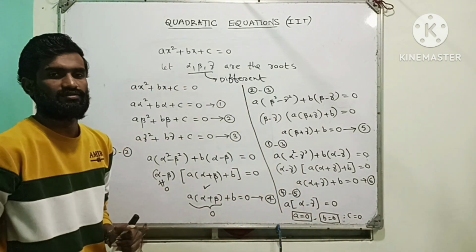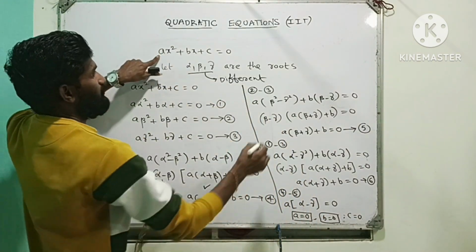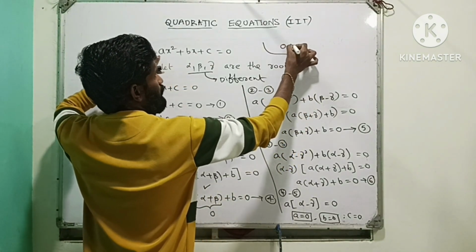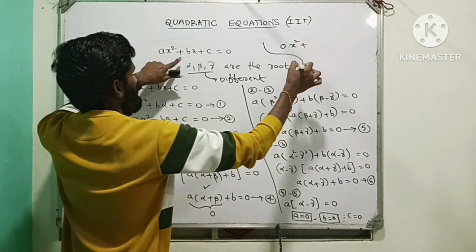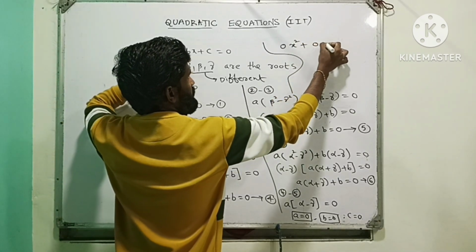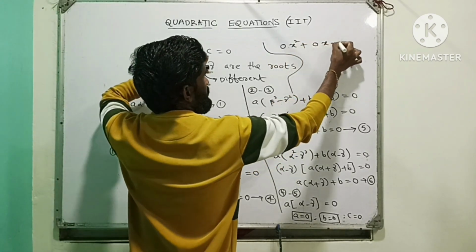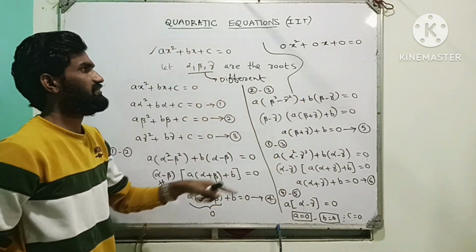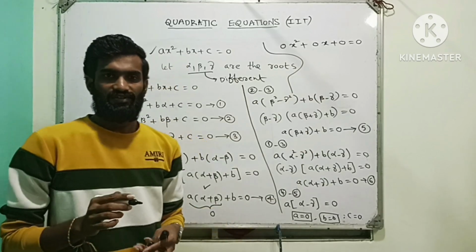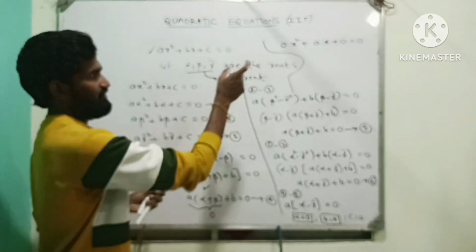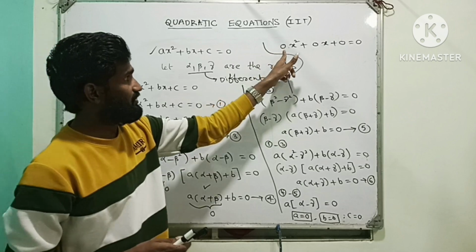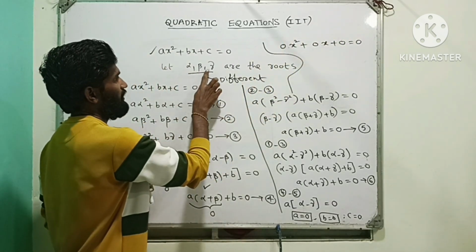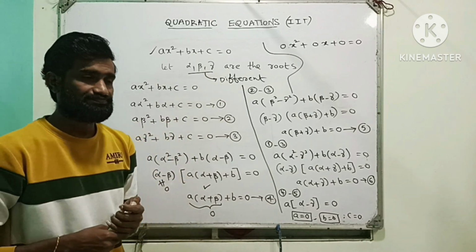Now just observe here. If a equals 0, this is 0 into x square, plus if b equals 0, this is 0 into x, plus 0, which equals 0. This equation will turn like this. Now just observe that one. For this equation, we have taken alpha, beta, gamma as roots, right?